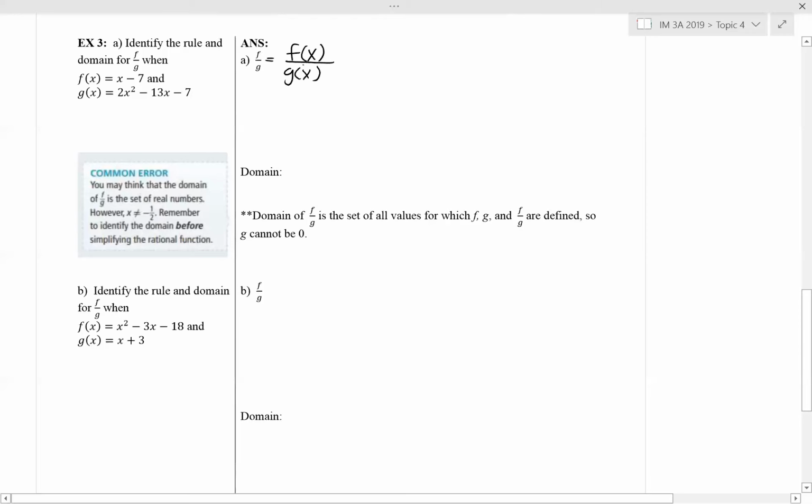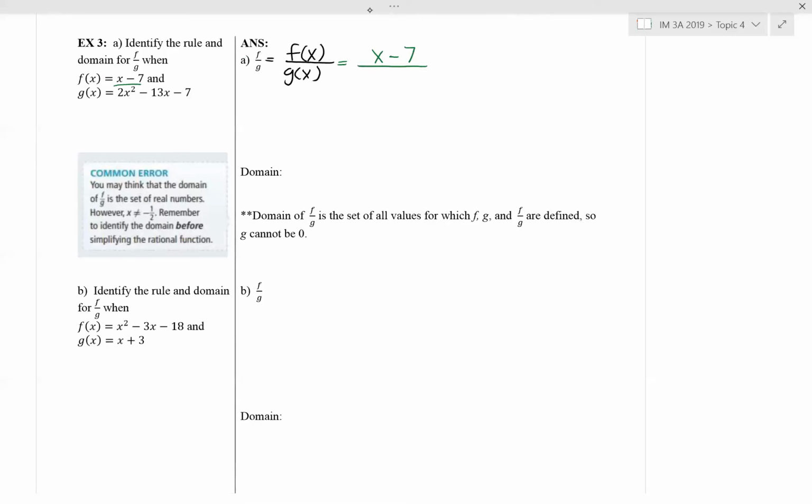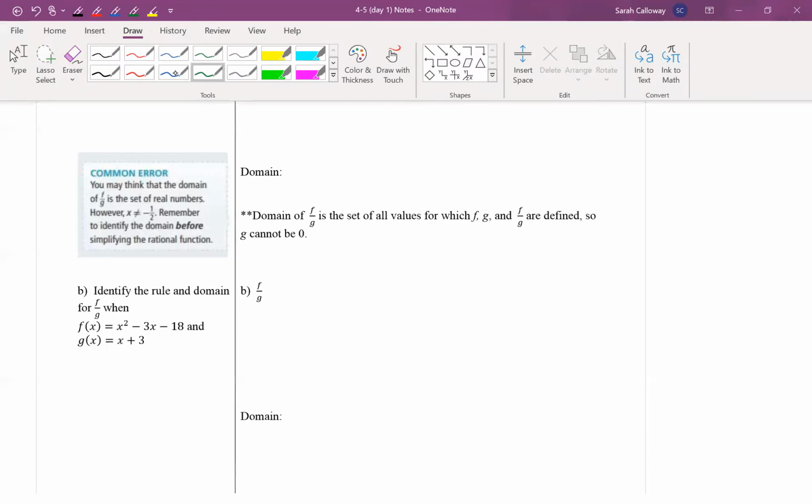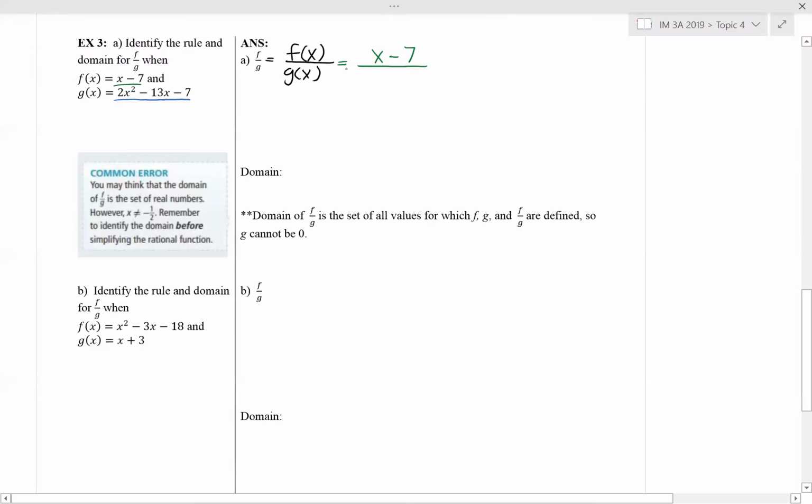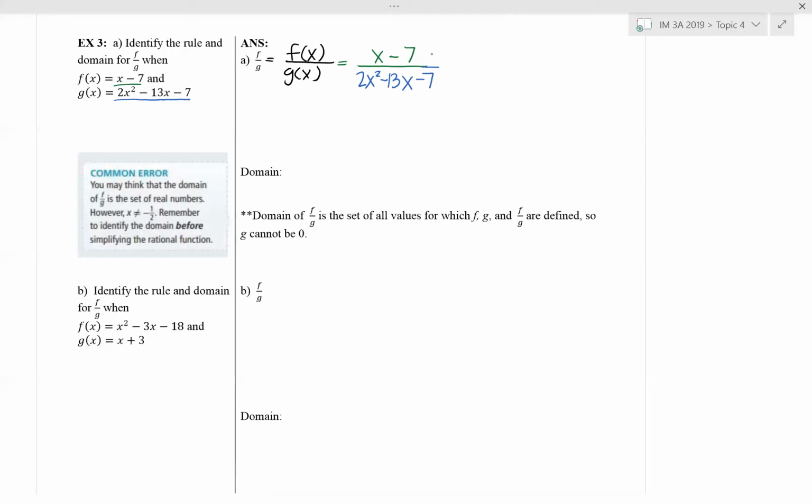And so in order to do that, what we're going to do is actually factor each of them. So if f of x is x minus 7, and g of x is 2x squared minus 13x minus 7, then what I want to do is to see if I can reduce this and identify any values that will make my denominator 0.